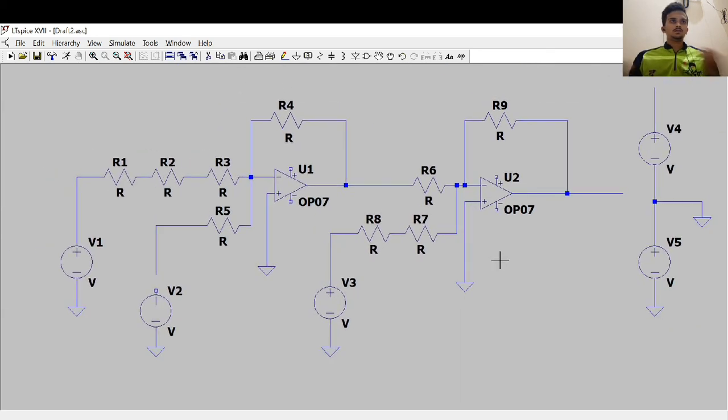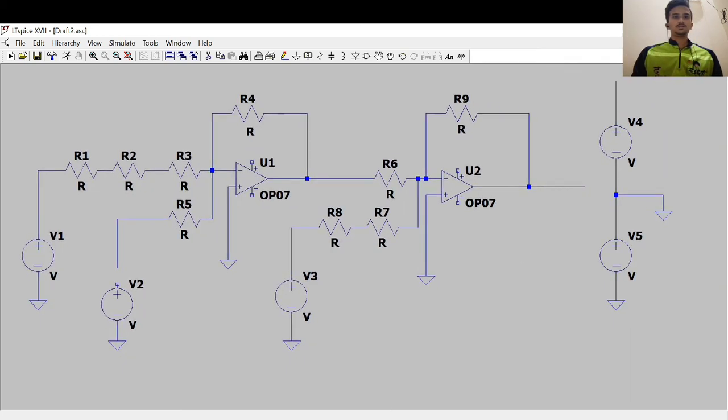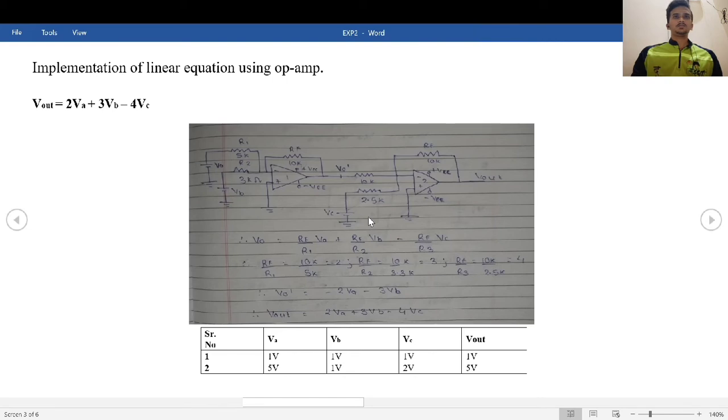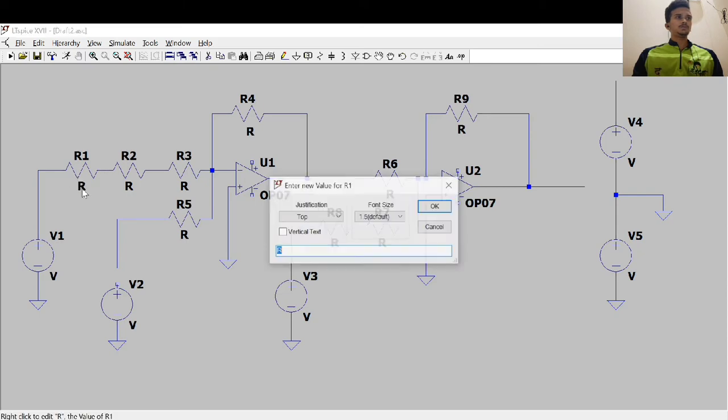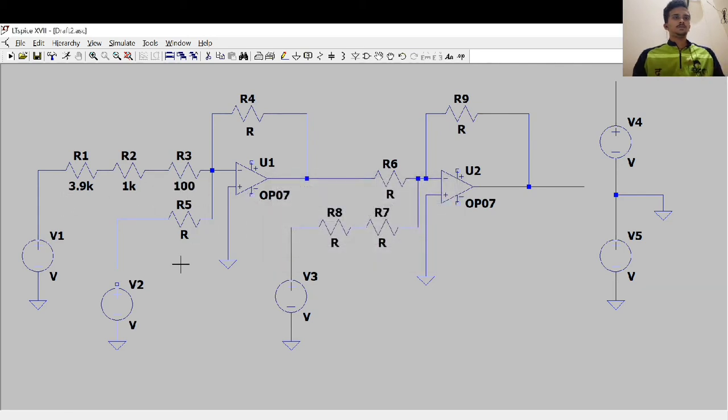So I think I have designed the circuit well. Now we'll put the resistor values. We'll take standard values. First 3.9K, this will be 1K, and this will be 100 ohms, so total 5K.